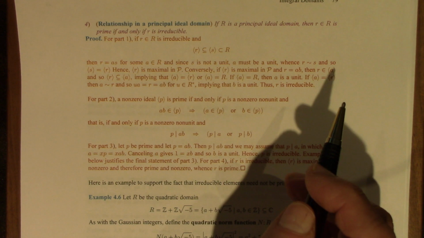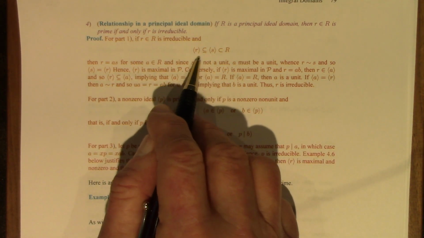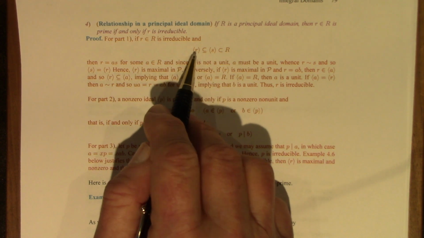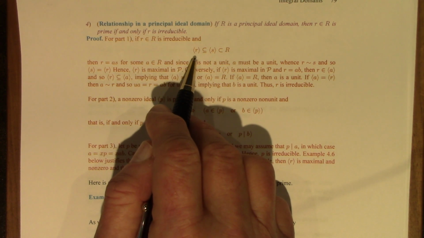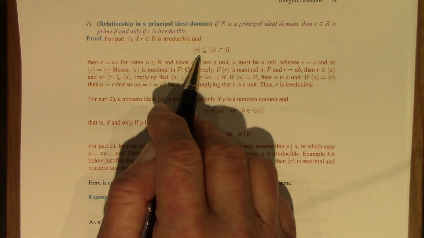And so r and s are in fact associates, and these two ideals are equal. So that means that the ideal generated by r is maximal among the proper principal ideals.